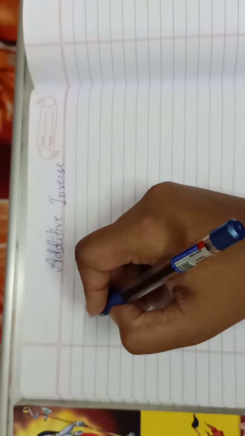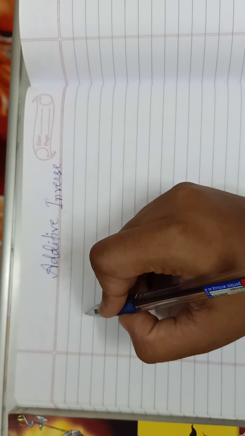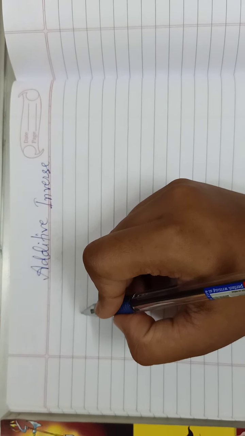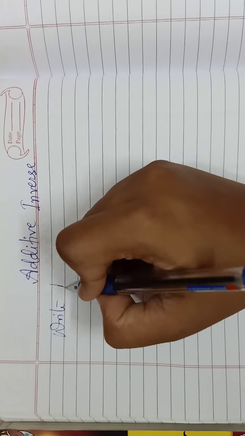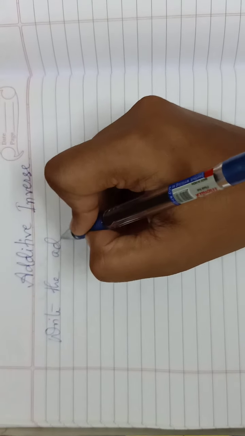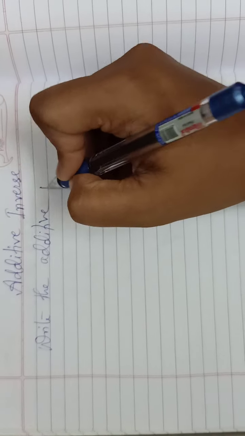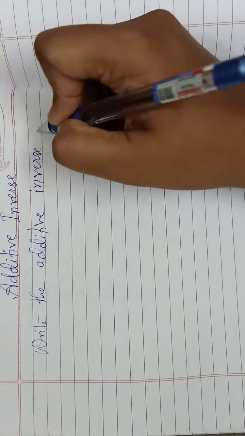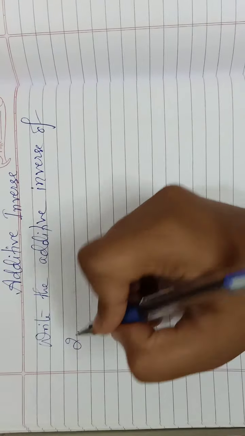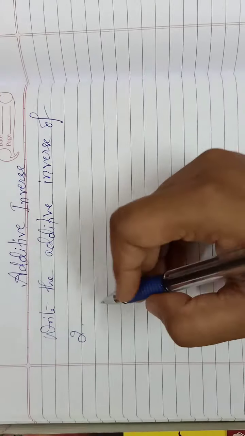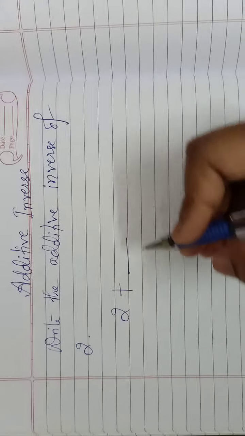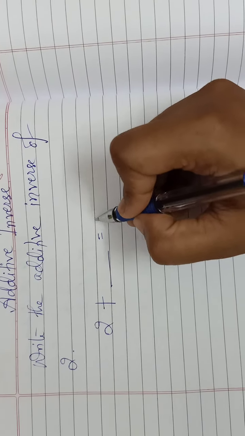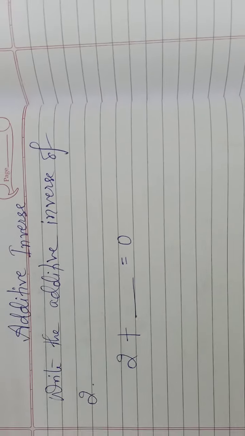Okay, so if suppose someone asks you to write the additive inverse of 2, then you have to think which integer you will add up with 2 so that the result will be 0.